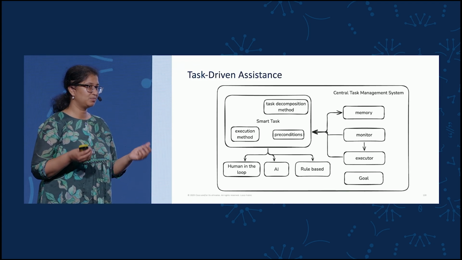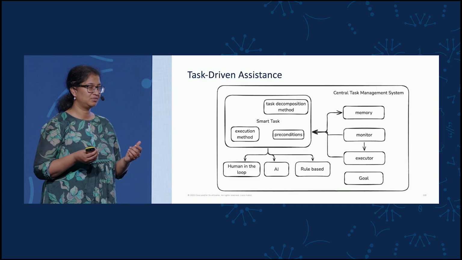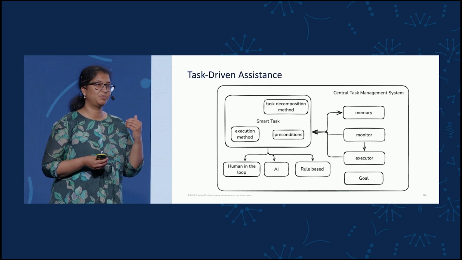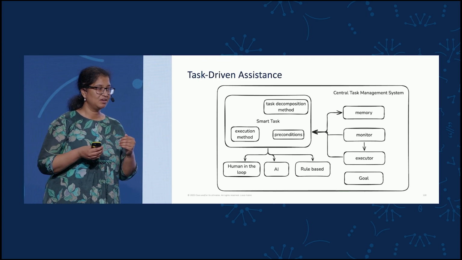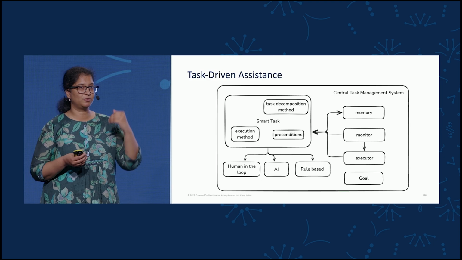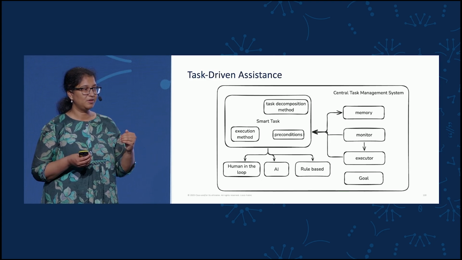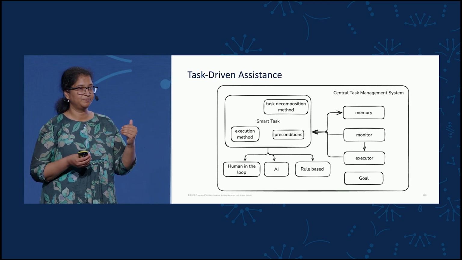And coming to the smart task itself, there are three main components to this smart task. First is the preconditions. The preconditions can be as simple as another task needing to be completed before this task, or it could be some kind of logical expression, a rule-based expression, or it could be an LLM call.